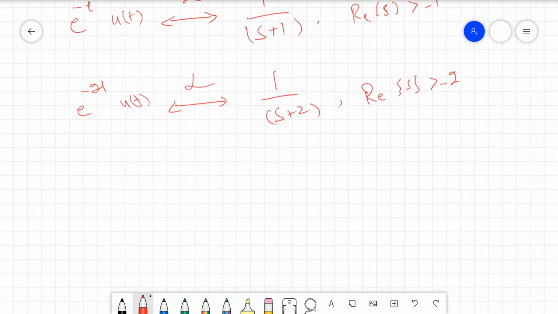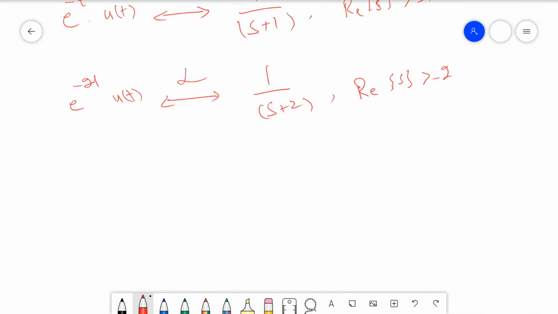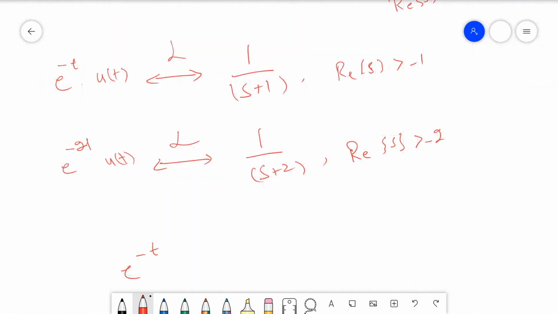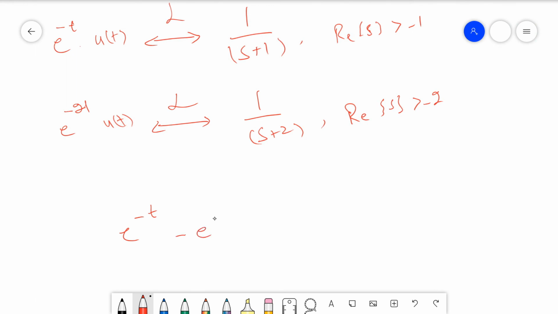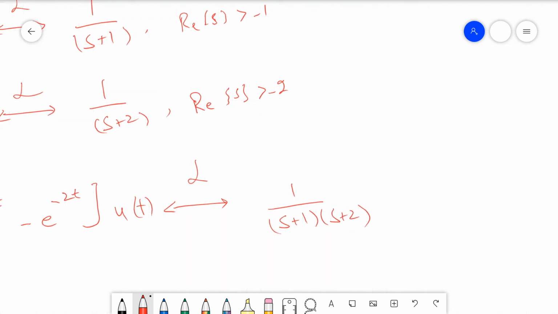So if we write these terms combined, we can find the x of t of this partial fraction expansion as simply e raised to the power minus t minus the second term, so minus e raised to the power minus 2t into u of t, which is actually the inverse Laplace of 1 over s plus 1 s plus 2, which is X of s, and the region of convergence for X of s was real part of s greater than minus 1.